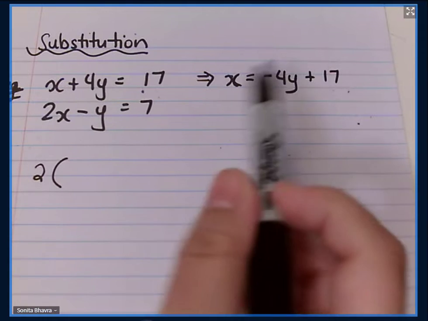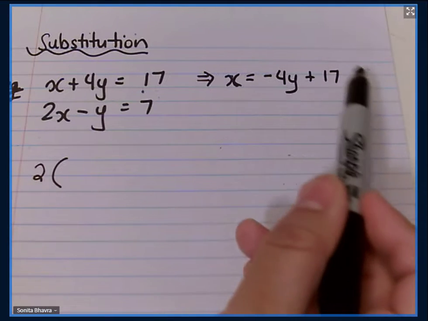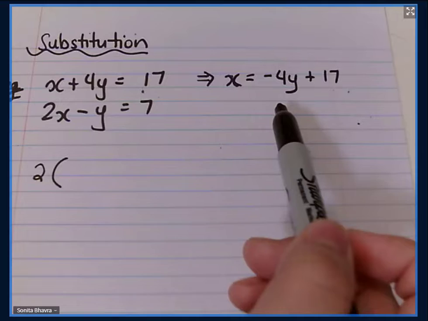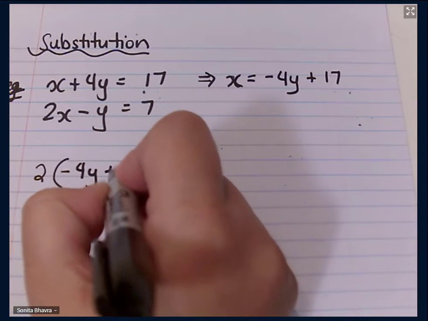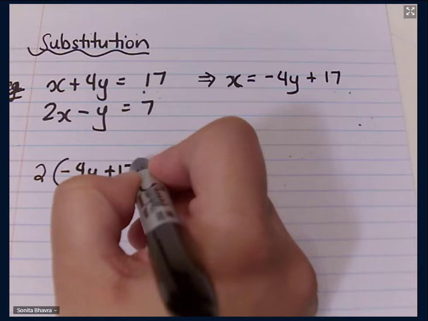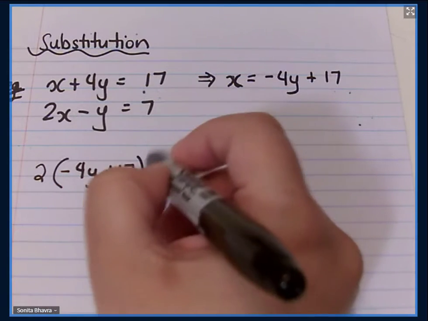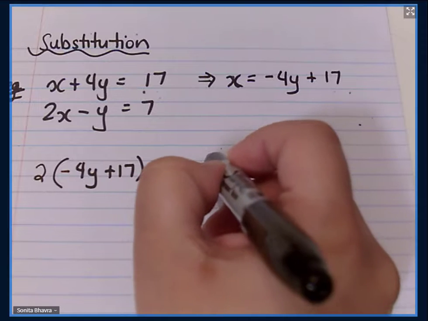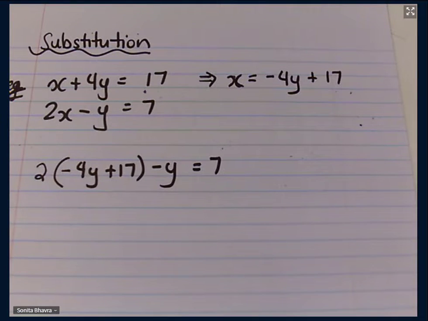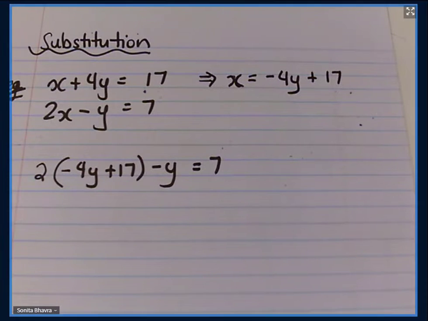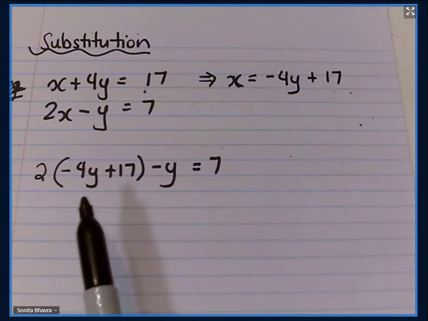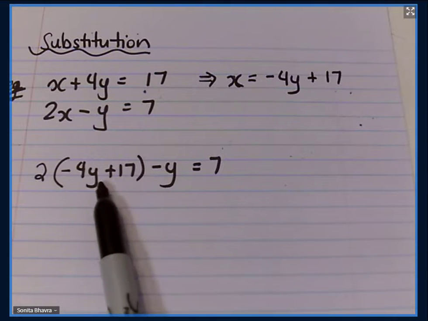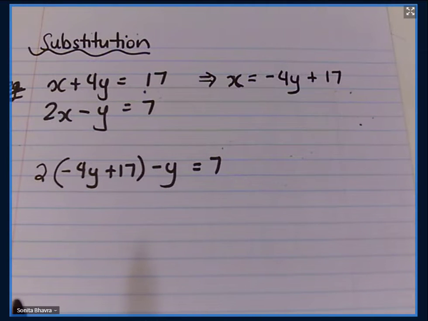Wherever I see x, I'm going to substitute this here, negative 4y plus 17, and then minus y, and it equals 7. All right, so now that I have substituted, you'll notice in the equation, I don't have an x in the equation anymore. I have a y and a y, so therefore now I can continue and solve for y.